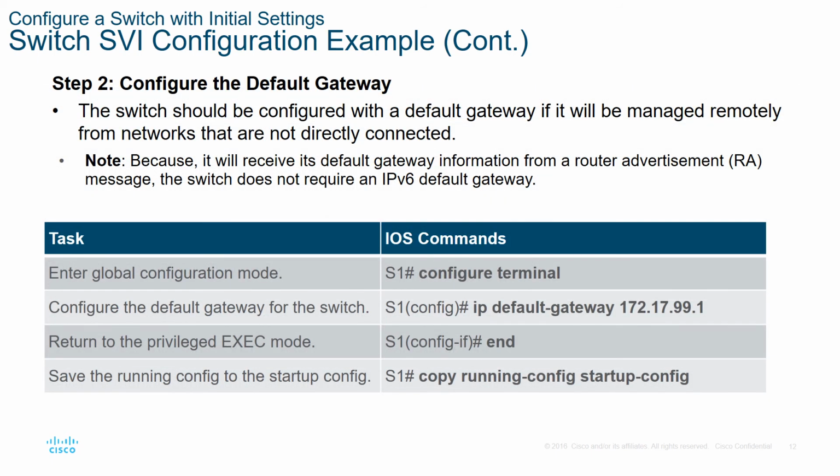Now we'll discuss how to configure the default gateway for the switch. I already said that if you are going to manage the switch within the network, the default gateway address is not required. If you are going to manage the switch from a remote network, then the default gateway is required for remote management access.